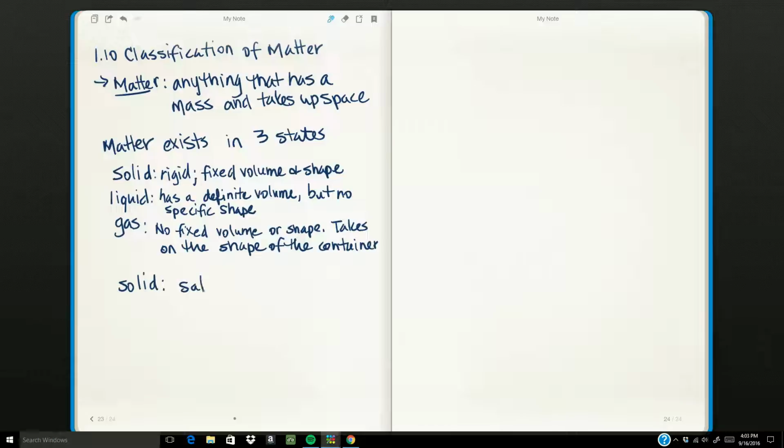Okay. So some examples of solids would be something like salt, sugar, gold ring. Those are just a few examples. A liquid would be something like water, isopropanol, and that's rubbing alcohol.